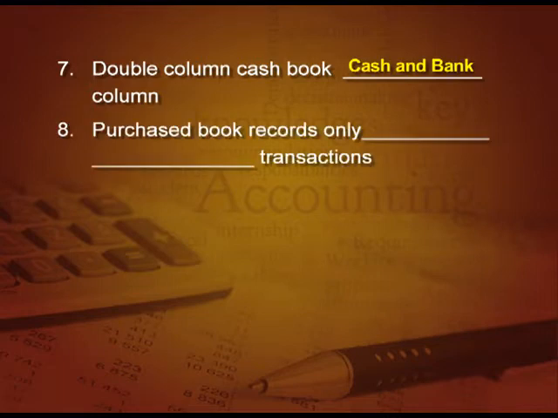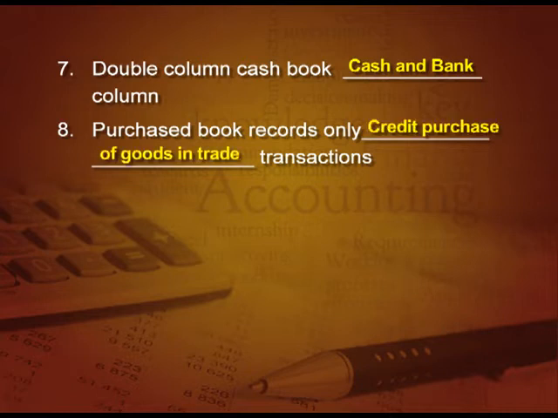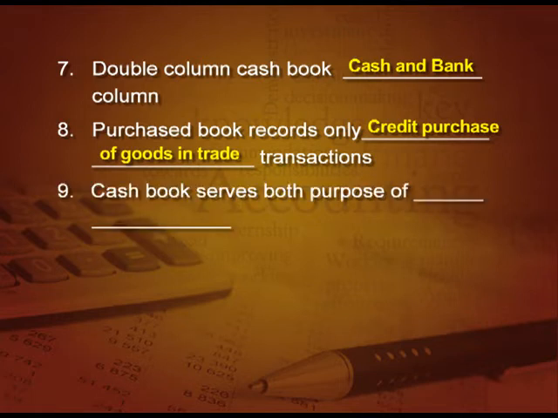Next, purchase book records only which transaction? Credit purchase of goods in trade, right? Cash book serves both purpose of blank and blank. Yes, journal and ledger, because we record the entries in the journal and there is no need to maintain cash and bank account. So, it works as a ledger also.